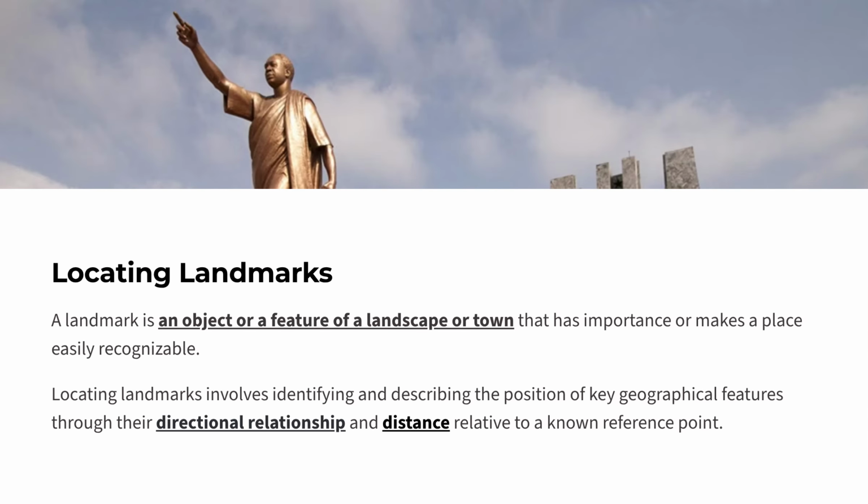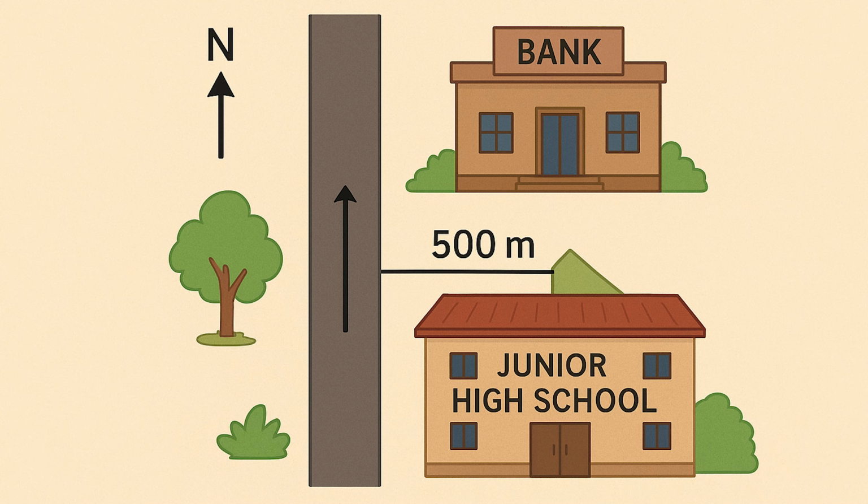When we locate landmarks on a map, we look at their position and direction in relation to another known place. We can also use distance to describe how far they are apart. Let's take an example. The bank is 500 meters north of the junior high school. Here, 500 meters tells us the distance, and north tells us the direction.